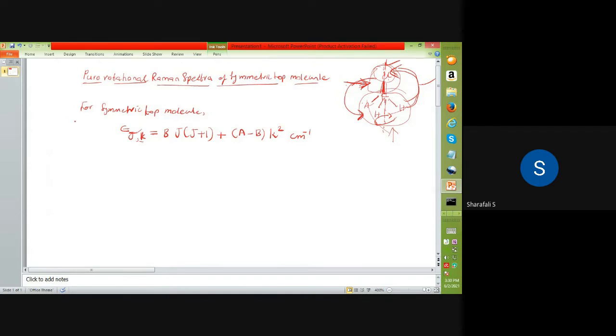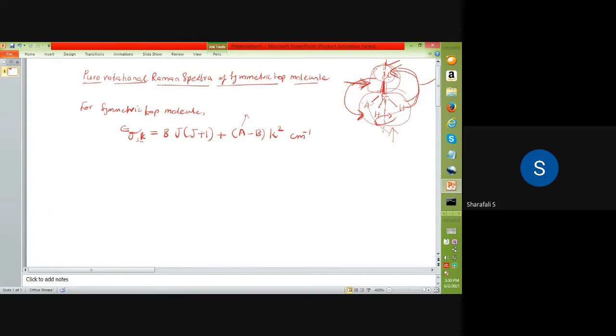As you know, for this case, I'm not going to discuss all these terms. This A, what is this? We go back and check microwave spectroscopy. There is an expression for a symmetric top molecule, so I'm not going to explain all those things. With the B, we have h square by 8 pi square IC.